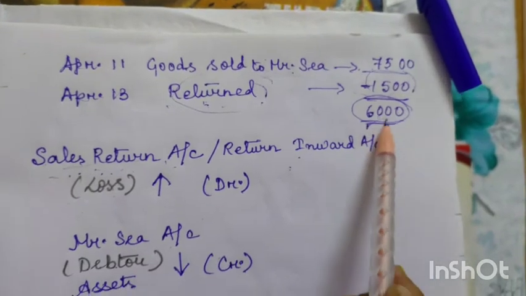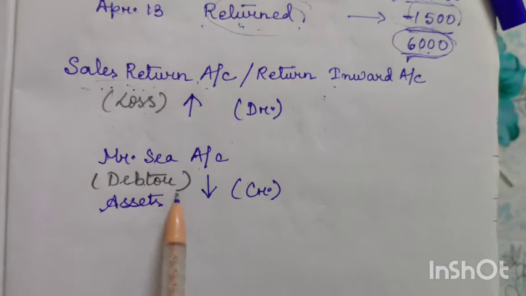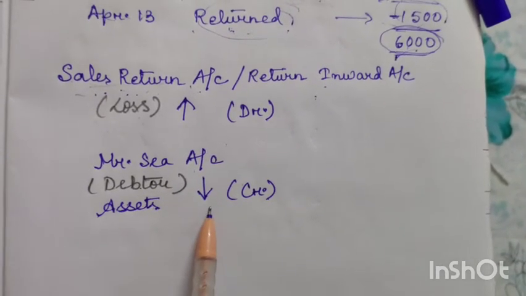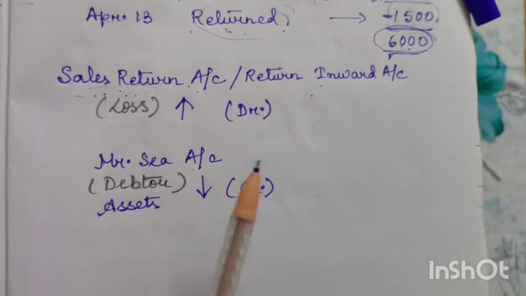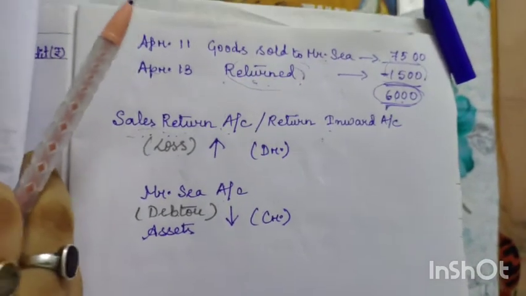That means the value of debtors is decreasing, and debtors fall under the category of assets. So if an asset decreases, then it is credit. So we have got two accounts that will be debited and credited. So we will write the journal entry now.